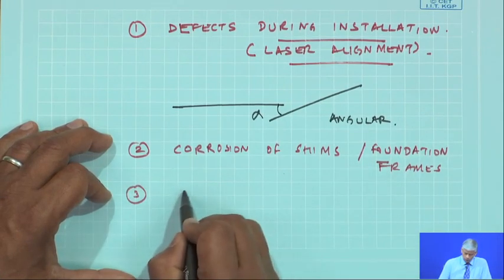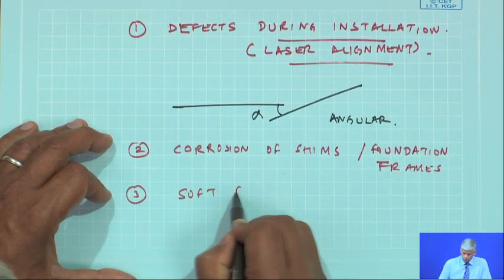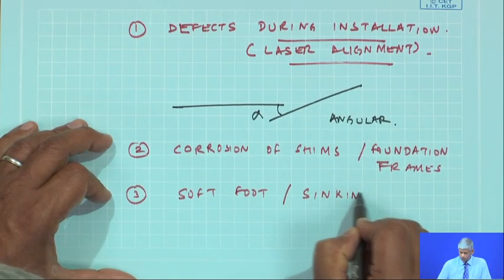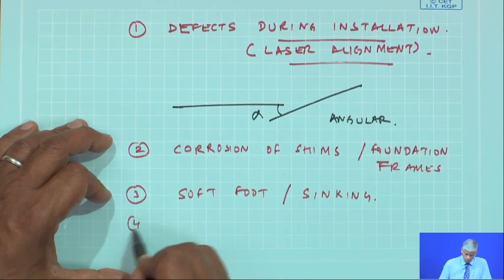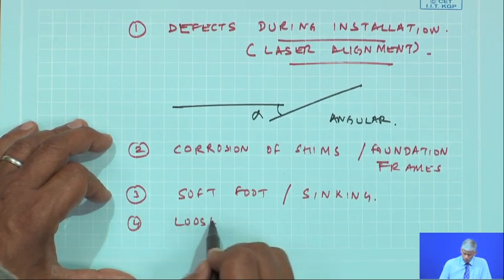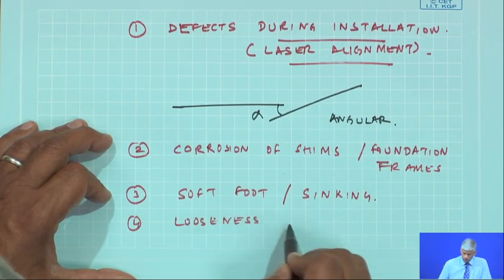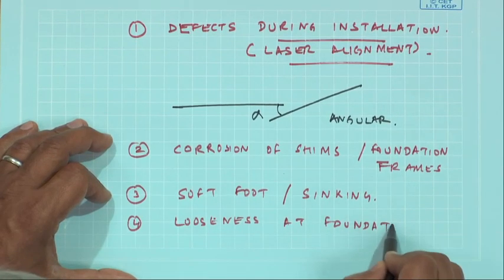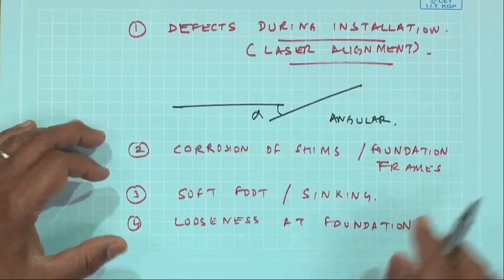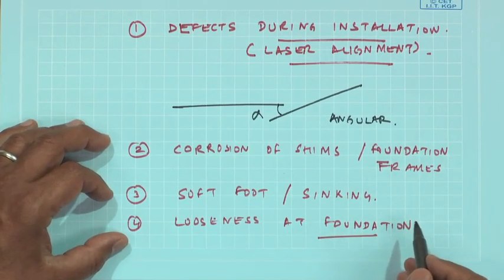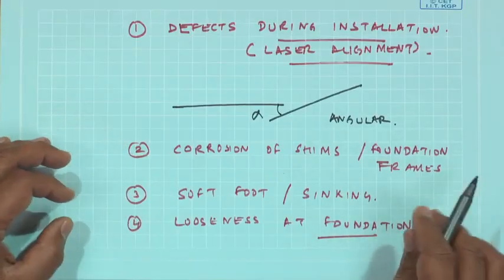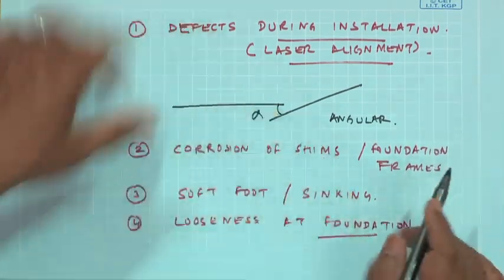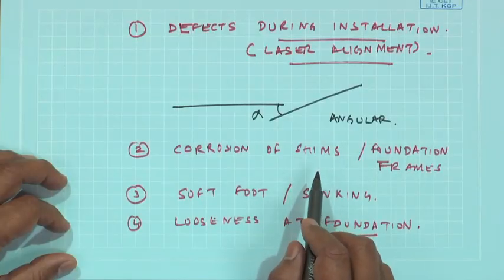Another could be soft foot, sinking, looseness at the foundation. Well, I am not going to teach you about foundation design, but you know how a good foundation design has to be done, and then how vibration isolation has to be done, and so on. So, these are all possible reasons why misalignment can occur.